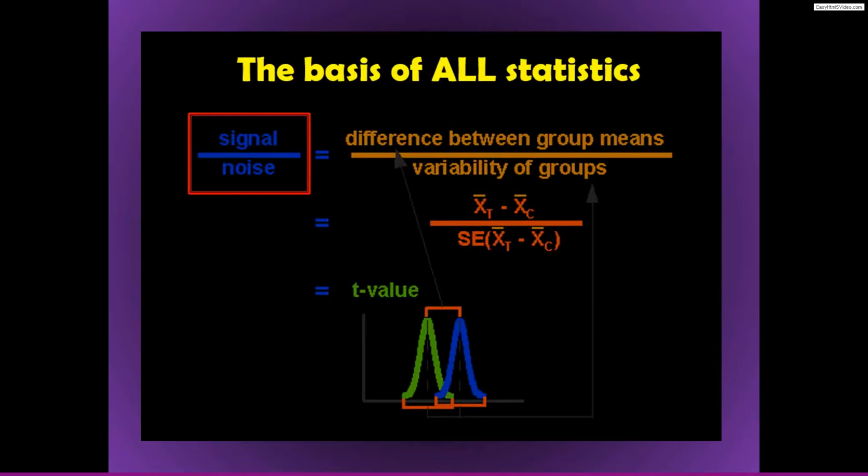So you can think about all of the statistics that you will ever use as being this ratio of signal to noise. And the difference amongst different kinds of statistical measures is how you get to this ratio. So how you define the signal, how you define the noise, and so on. But this ratio of signal to noise is really at the core of all statistical measures.